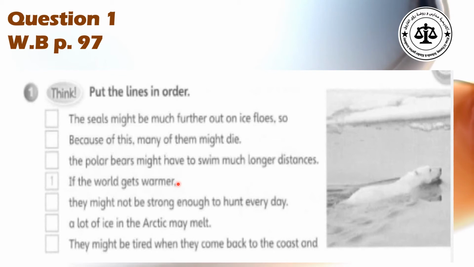Yes, number 2 should be A lot of ice in the Arctic may melt. Number 3. These seals might be much further out on ice floes, so Number 4. The polar bears might have to swim much longer distances.